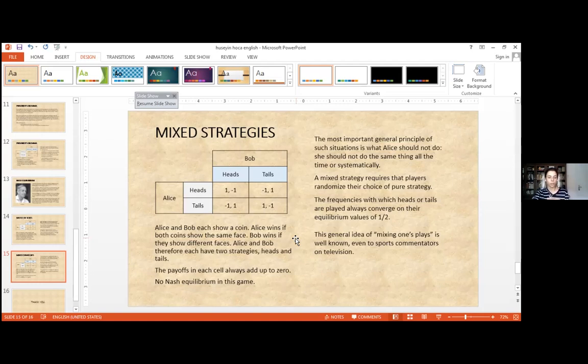The whole point of using mixed strategies in this type of game is to keep the opponent guessing. The solution is to randomize between heads and tails. You sometimes call heads, you sometimes call tails. If you accumulate them, you would end up with half the time saying tails and half the time saying heads.